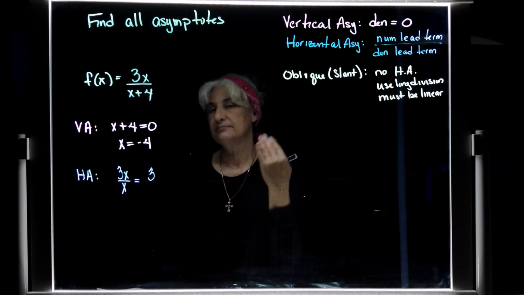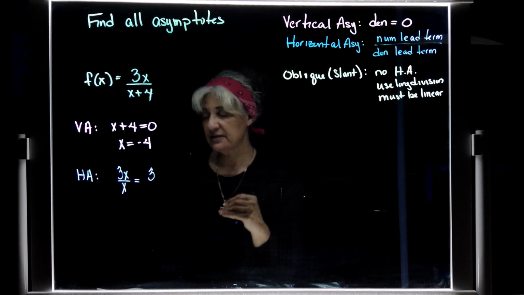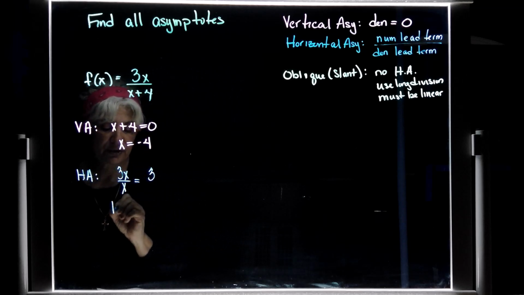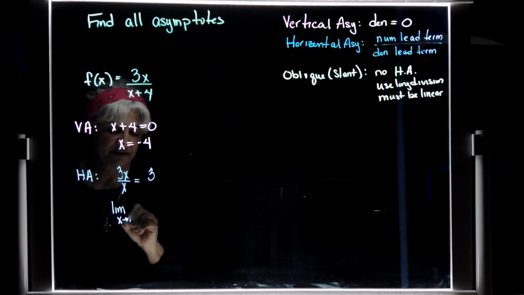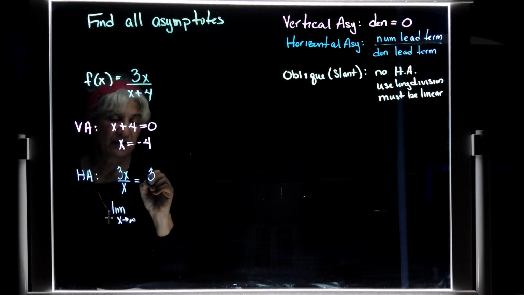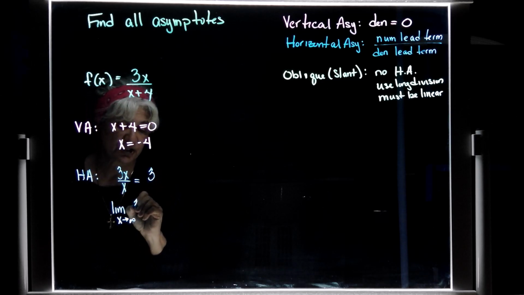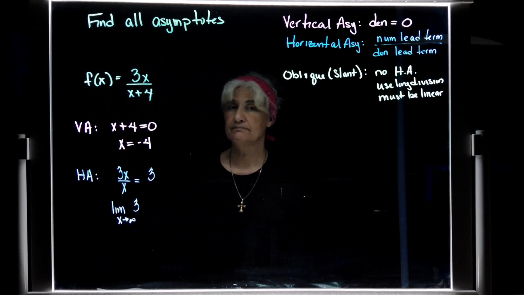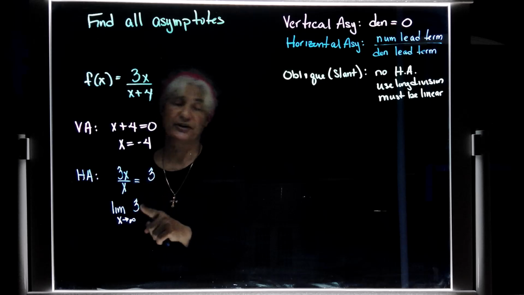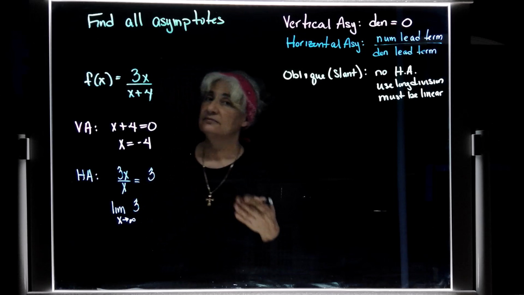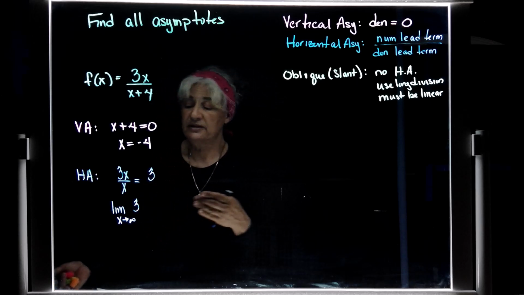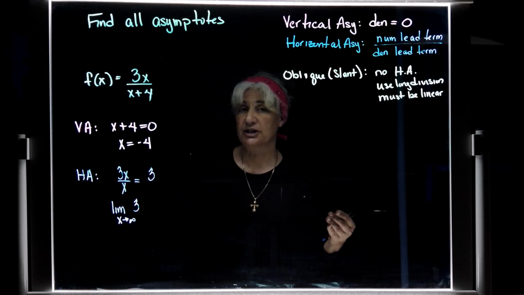Once you reduce it, bringing in a little bit of calculus, we're going to look at the limit as x approaches infinity of the reduced form, which is 3. Now, as you keep plugging values in for x here, what does the y start approaching?